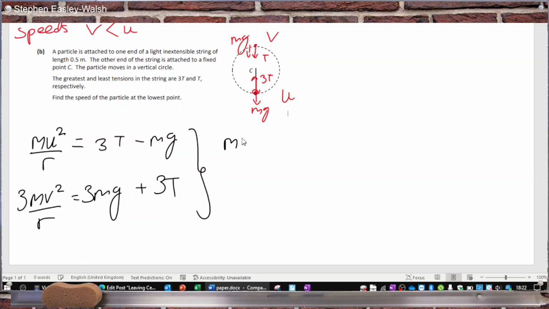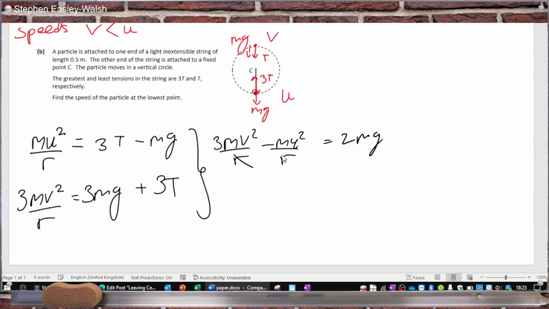So I get mu squared over r. Actually, I'll do the second minus the first. So I'll get 3mv squared over r minus mu squared over r. That will equal 2mg.